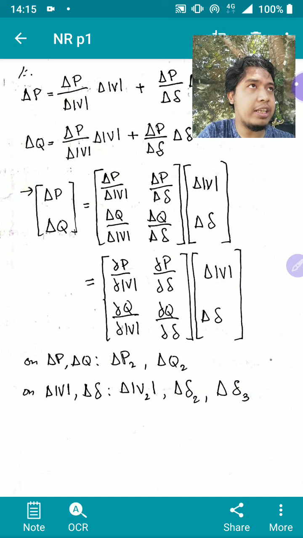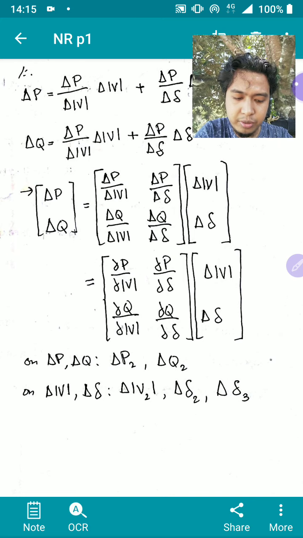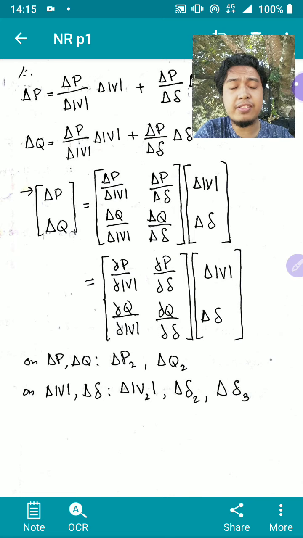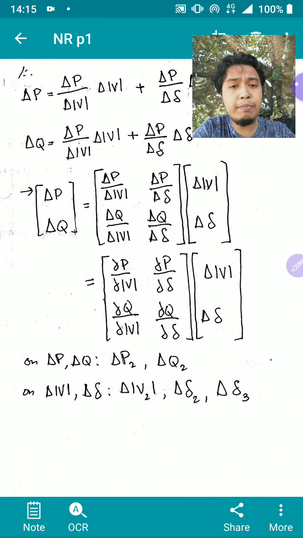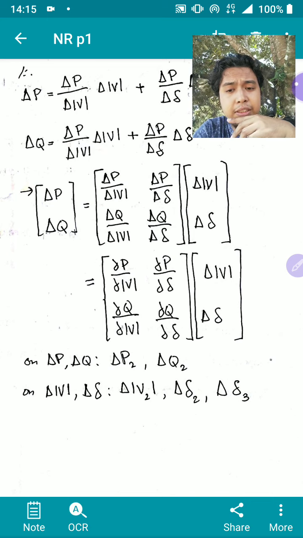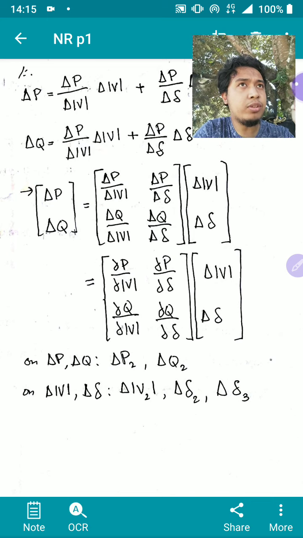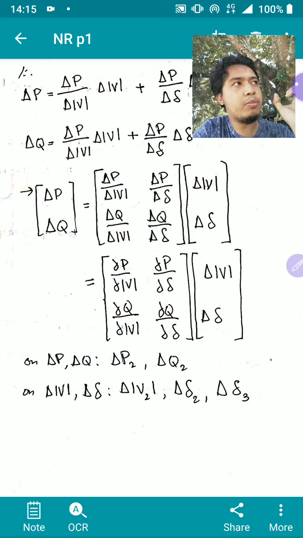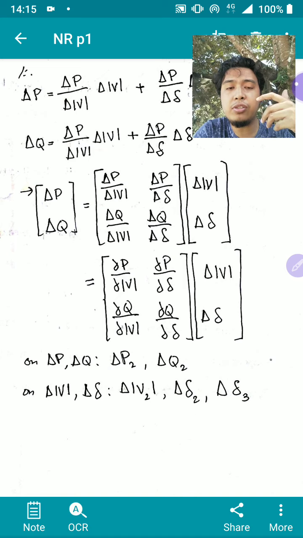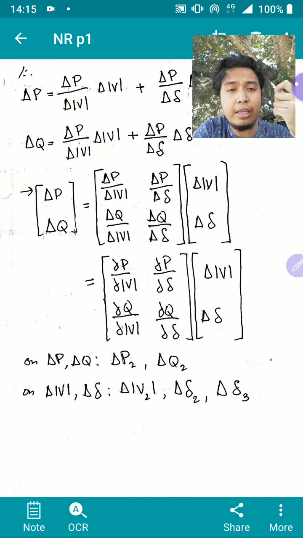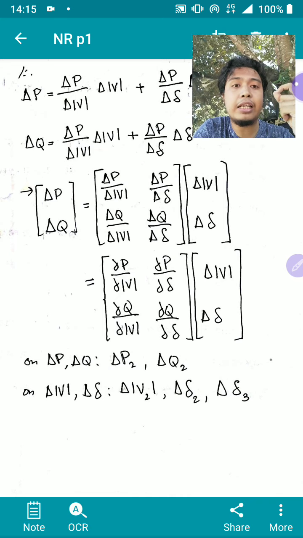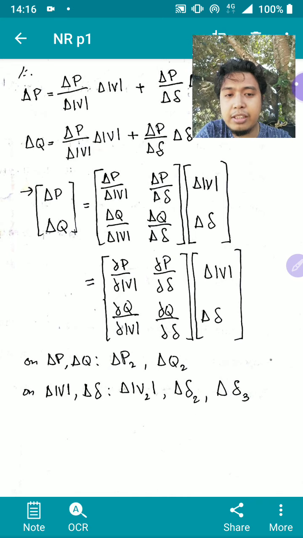However, on bus 2, it's a PQ bus, so since you are not maintaining any voltage parameter on that, you have a delta angle on bus 2. On bus 3, take note, even though it is a PV bus, what you are trying to maintain on that PV bus is the voltage magnitude. So though you don't have a delta voltage magnitude on bus 3, you have a delta voltage angle on bus 3, hence delta voltage angle.